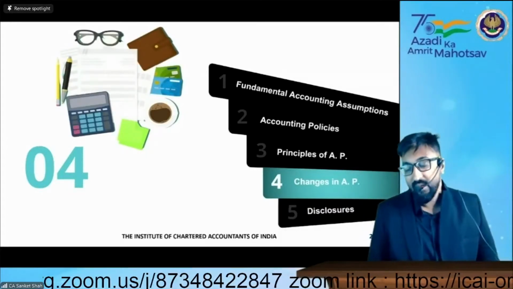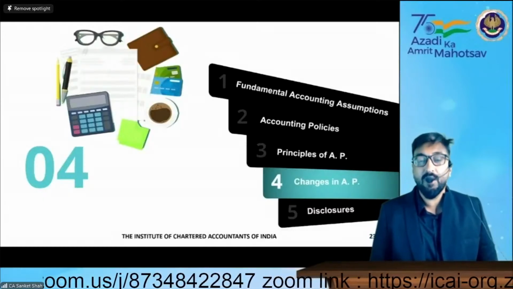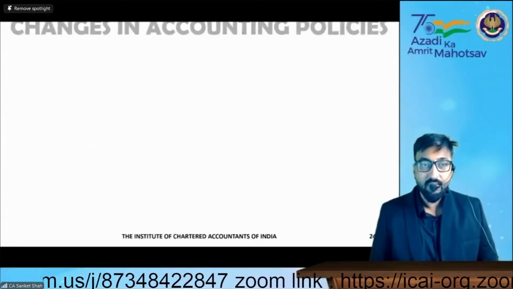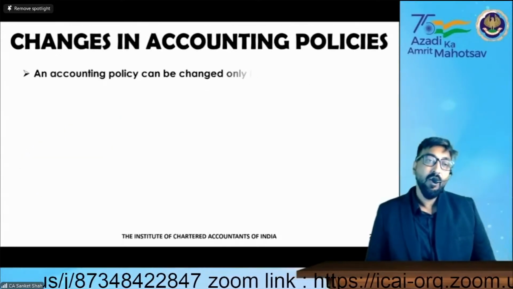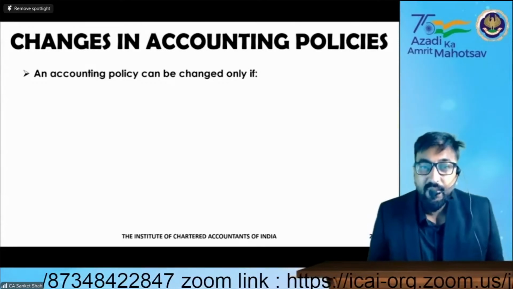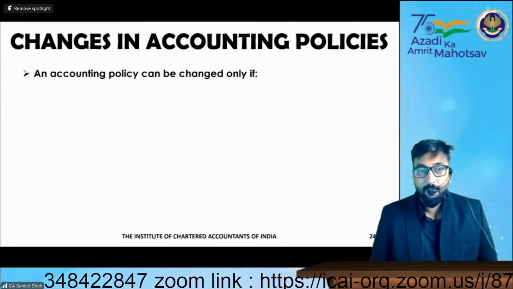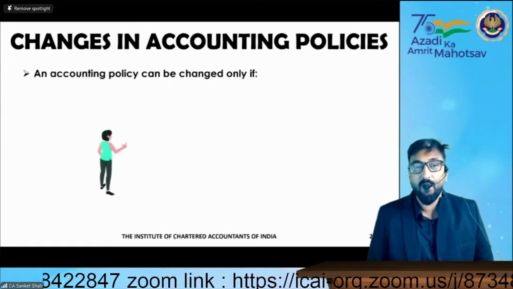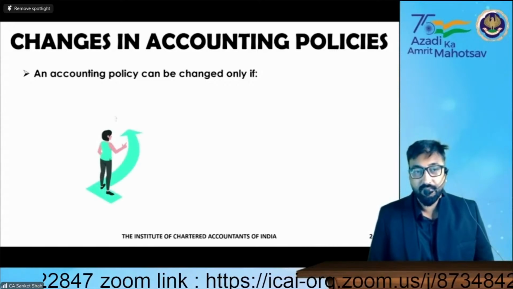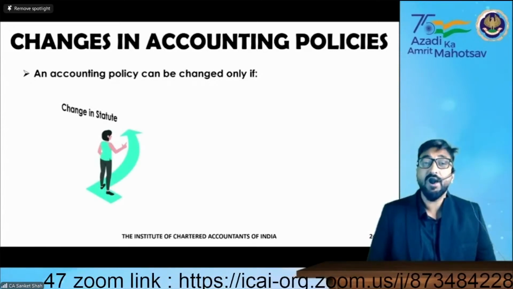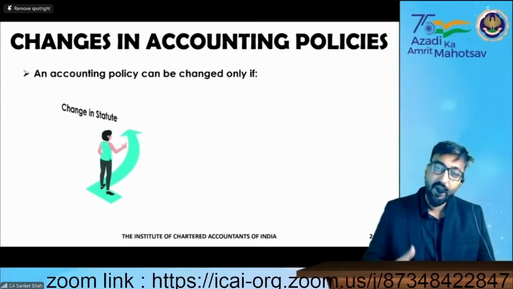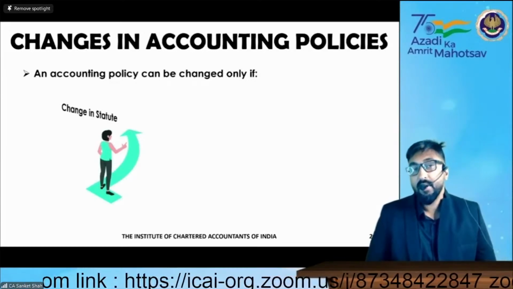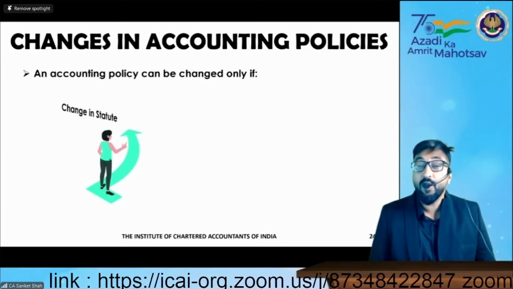Good. So, changes in accounting policies now. Accounting policies can be changed only when, number one, there is a change in the statute. So the government or law changed and removed any policy specifically.